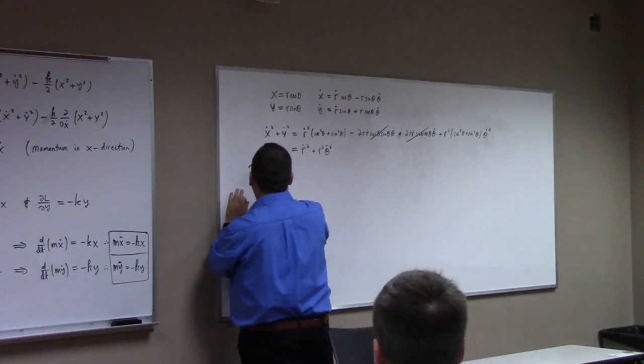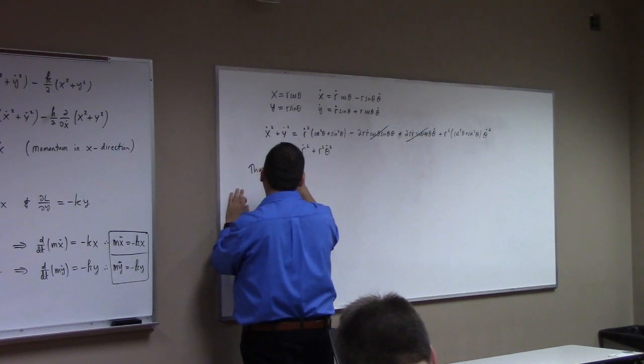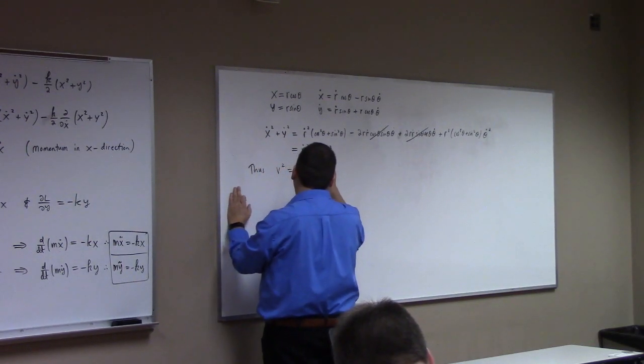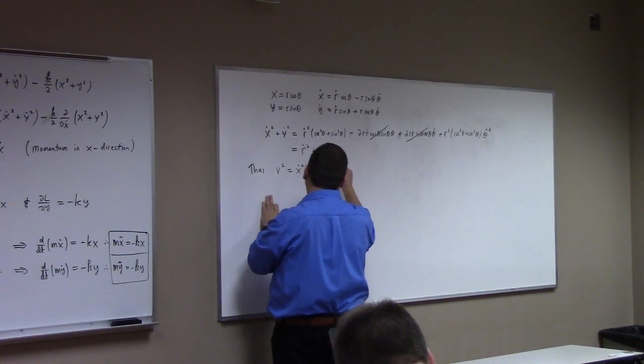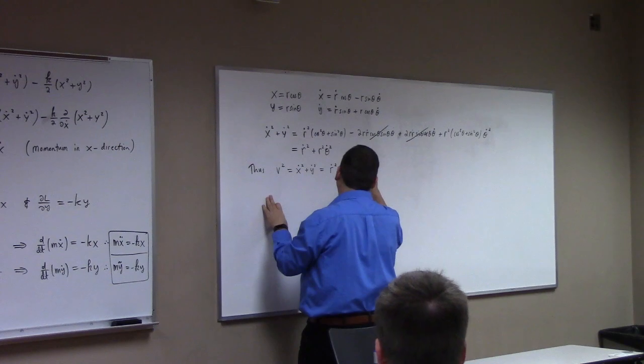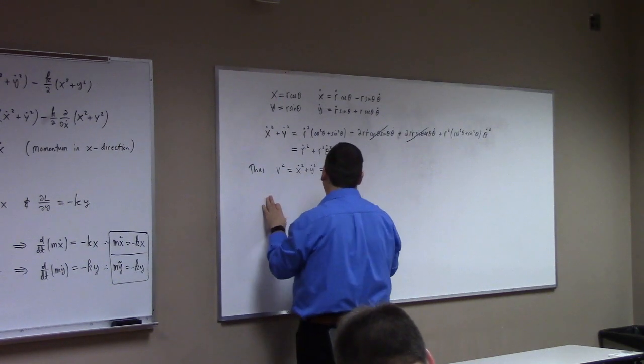So there we go. Thus, the speed squared in 2 dimensions, we can either write as x dot squared plus y dot squared, or as r dot squared plus r squared theta dot squared.